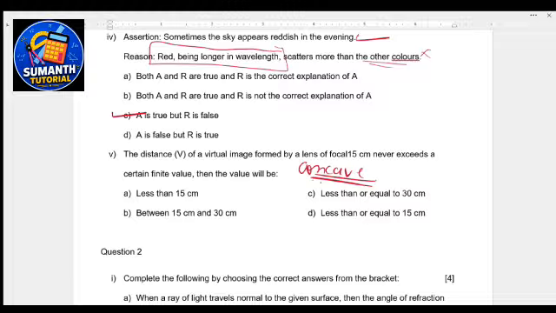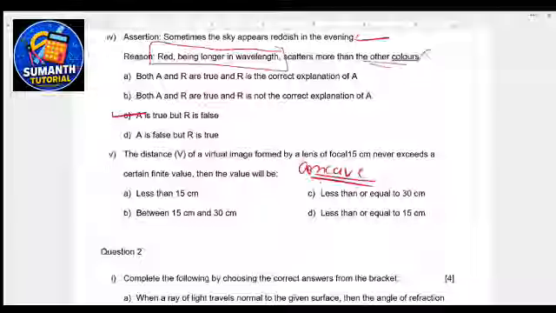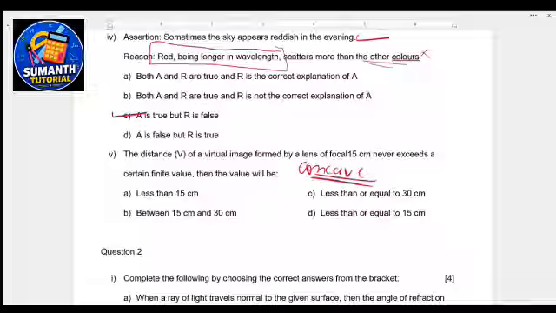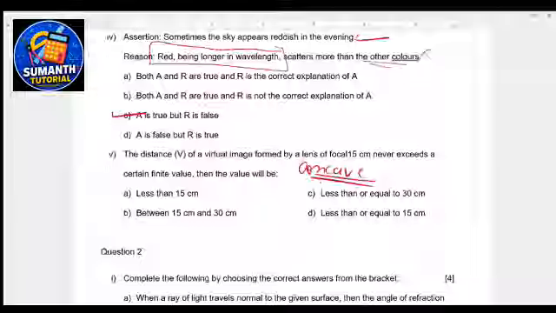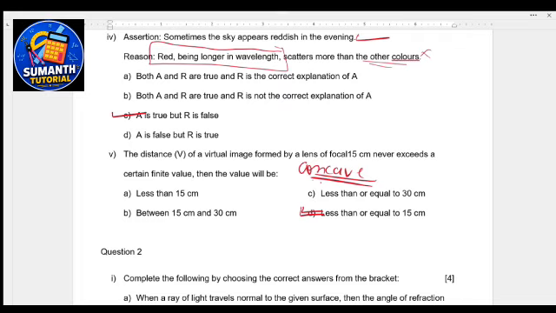If you are going to get the image distance to be finite with respect to the virtual one, it is concave, it is fixed. Now, if you observe the ray diagram, the image will form in between the object and the lens. You know it very clearly. So the answer is D, less than or equal to 15 centimeter.